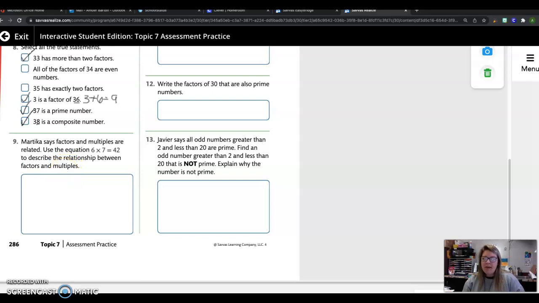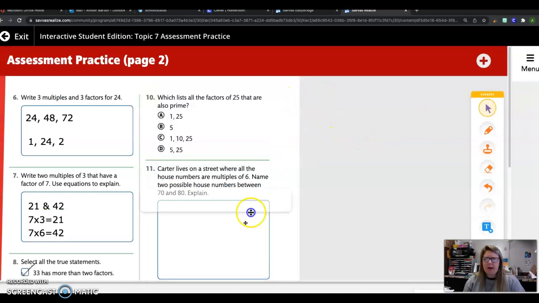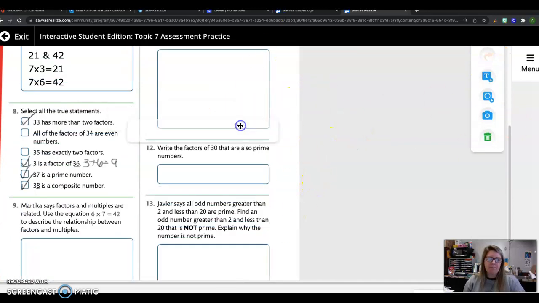It says Martika says factors and multiples are related. Use the equation 6 times 7 equals 42 to describe the relationship between factors and multiples. I'm going to get a little text box up here and drag it down so we can use it.